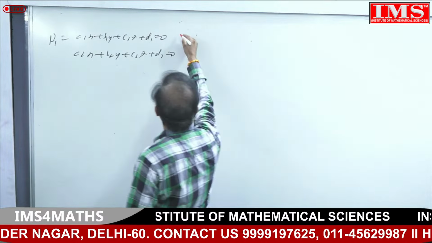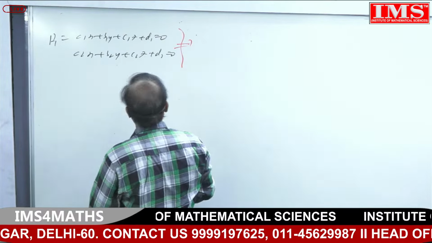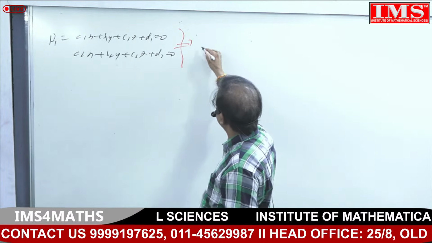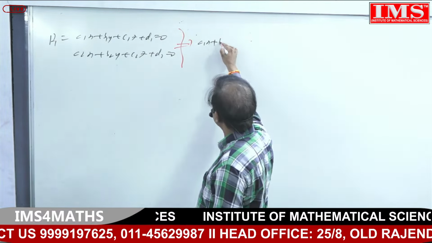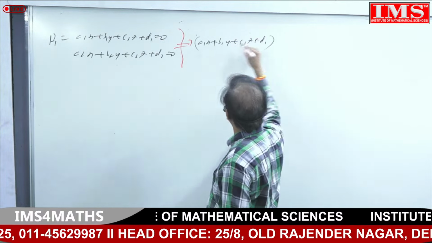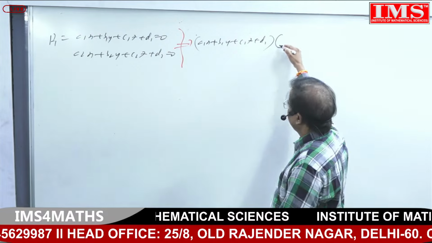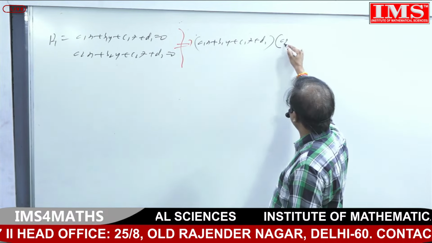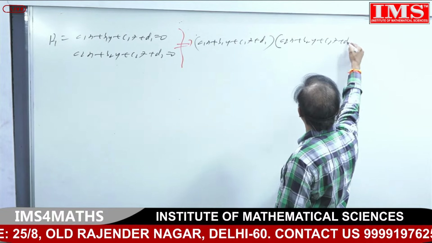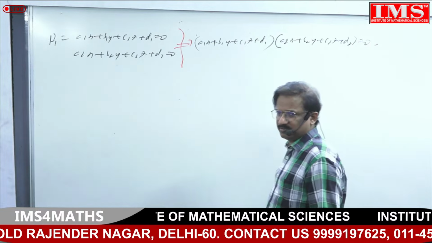Again, from these two I can combine: (a1x plus b1y plus c1z plus d1) multiplied by (a2x plus b2y plus c2z plus d2) is equal to 0.